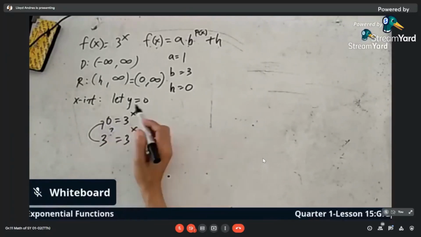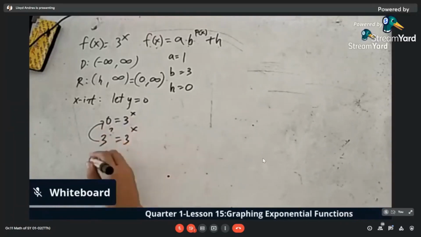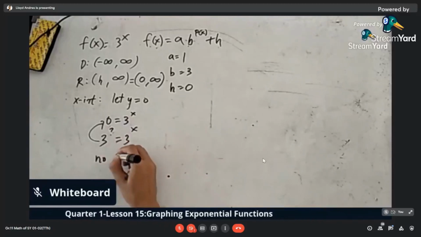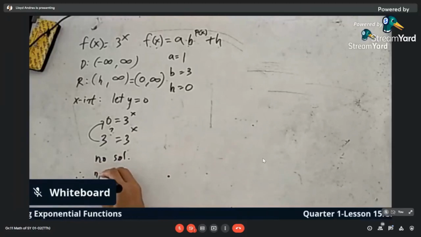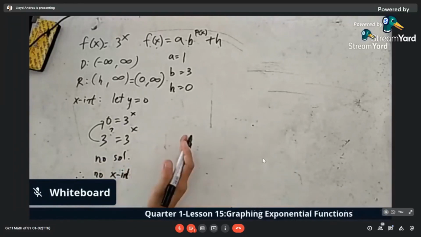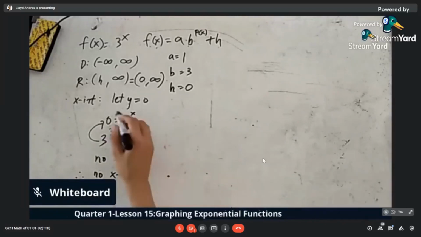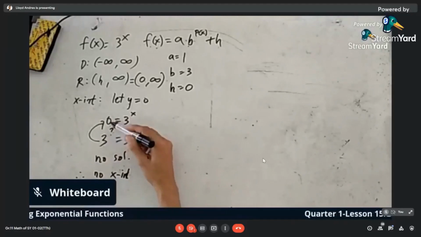Is there a number that gives 0? There is none. So since there is no solution, therefore there is no x-intercept. We cannot find an exponent of 3 that equals 0.